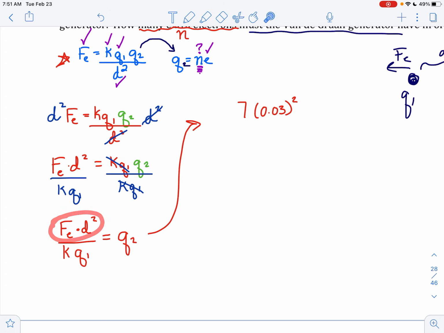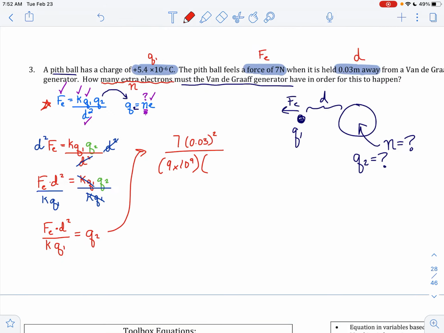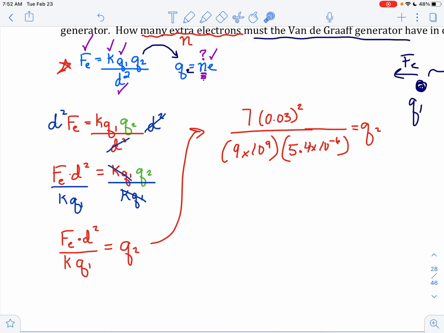Fe times d squared. Then I've got to divide by K. Divide by K, so that's 9 times 10 to the 9th. And then I have a Q1 in there, 5.4 times 10 to the minus 6, equals Q2.